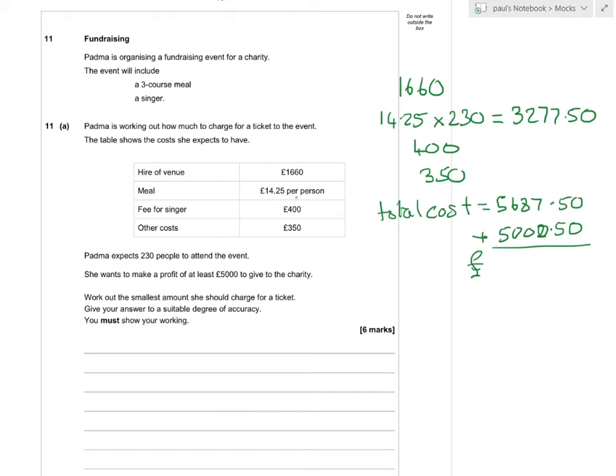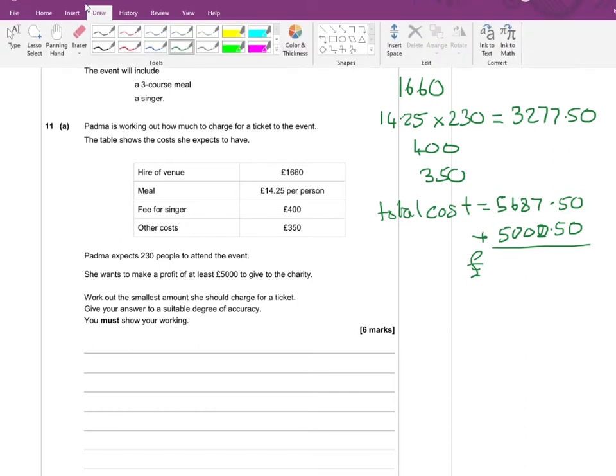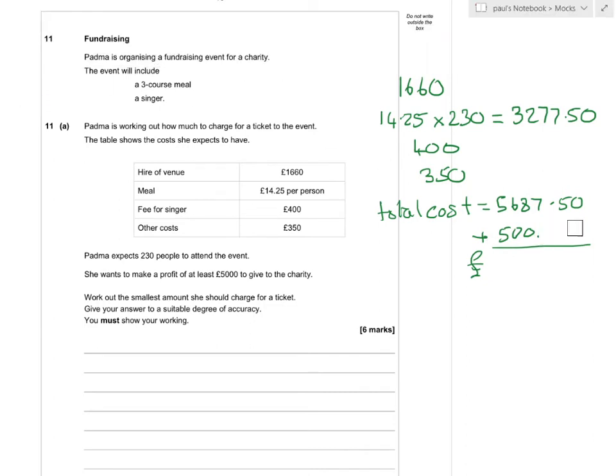Why have I got 50p there? Bit messy, this one. Right, so that's going to just be 10,687. That's easier to add up, isn't it? £10,687.50p. Now that's how much she needs to make.